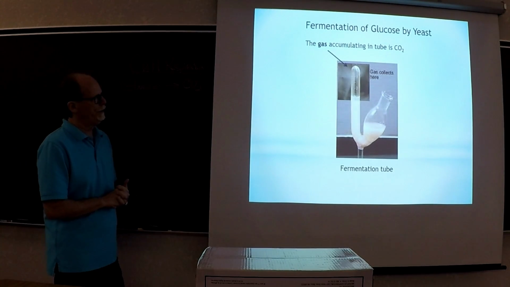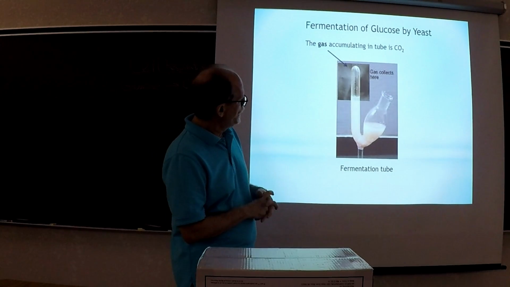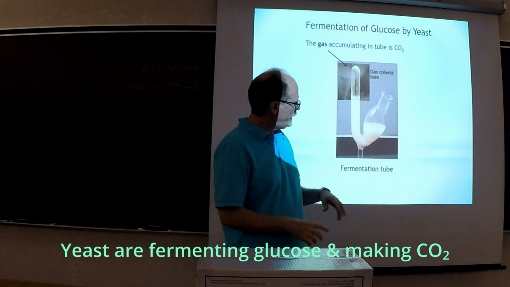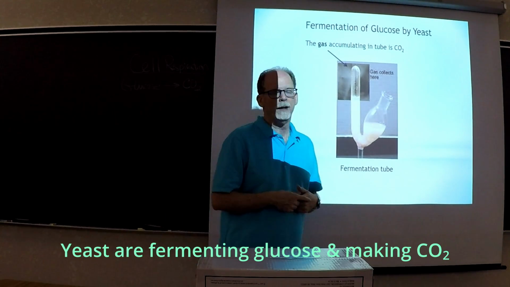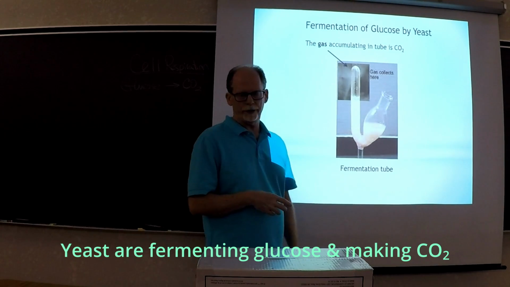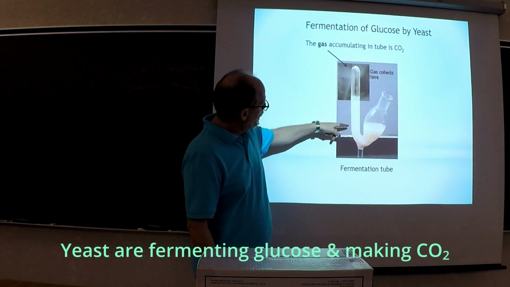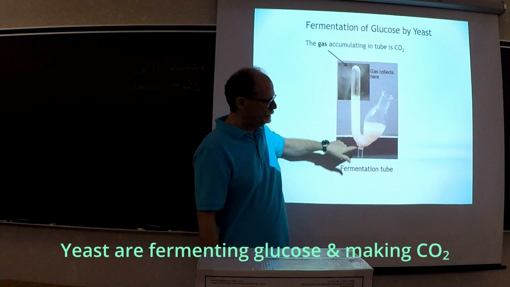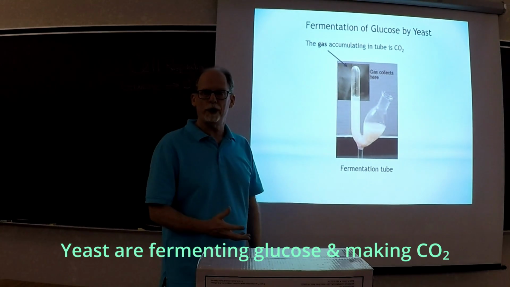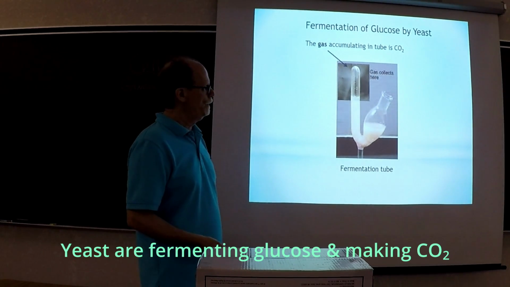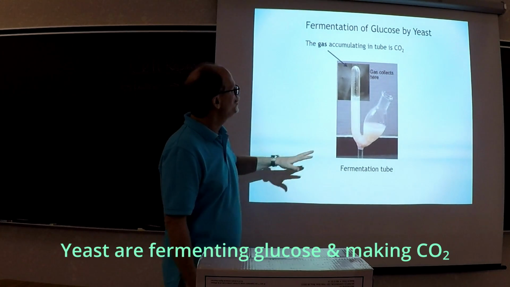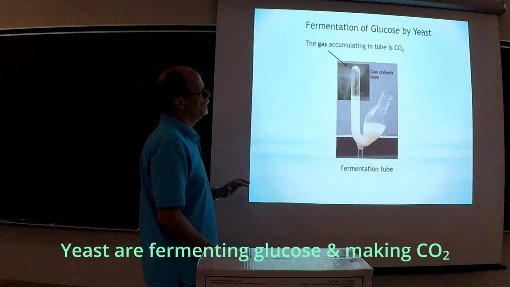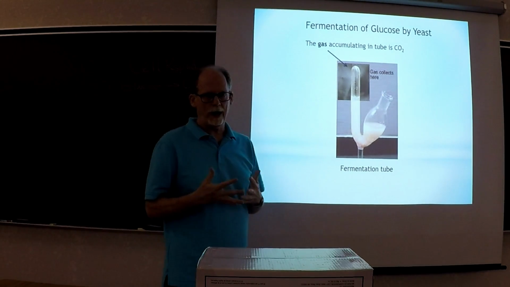Then another one that we set up for this tube is we add a bunch of yeast and glucose into a solution, mix it up really good, and then we fill this tube all the way up with that solution, and then the yeast would start to ferment the glucose. Now fermentation is a little bit different than cell respiration. Fermentation doesn't require oxygen.